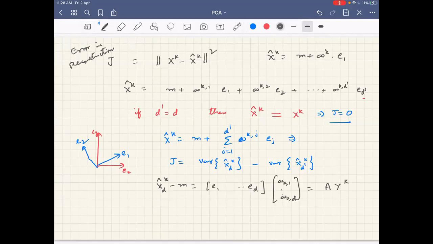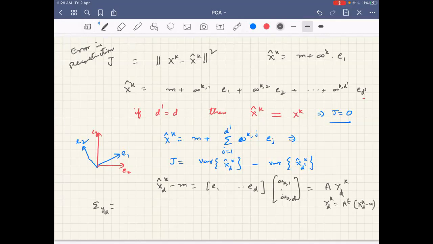We are considering all d directions. Now if you want to calculate the variance, first let us see the covariance matrix of yd. When considering all dimensions, this yd can be rewritten as A transpose into xk minus m.